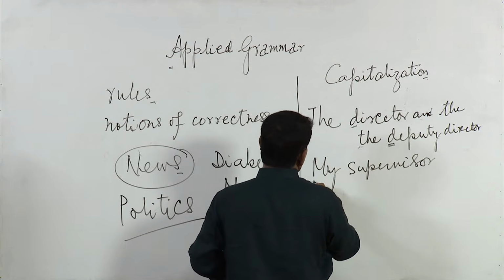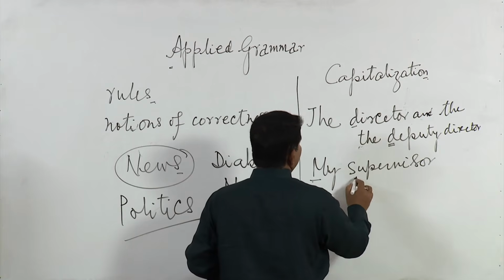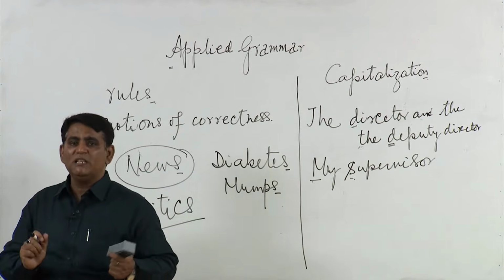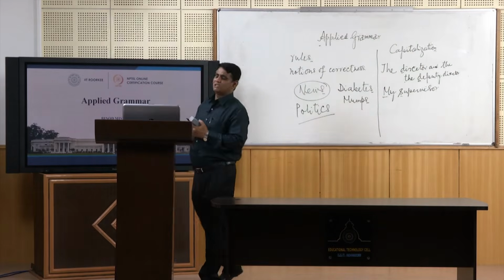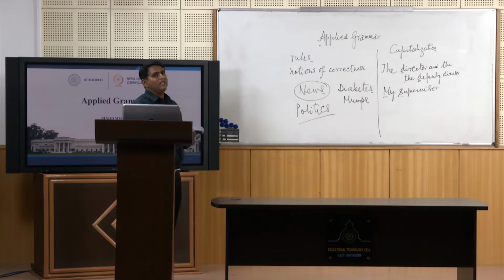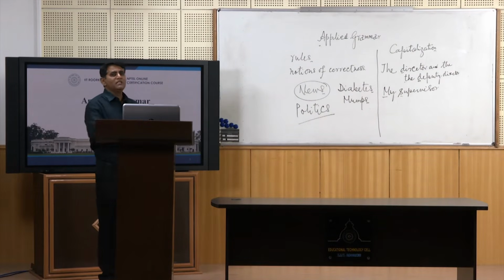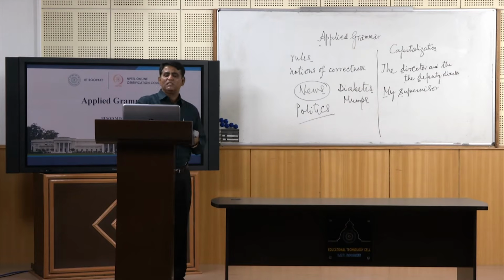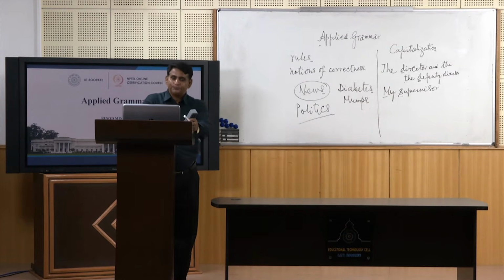This is capital because the sentence begins with a capital letter, but here supervisor is written in small. These are very small instances, but we have to be very careful about all these nuances of correctness. Your brother, his guide: again in both these situations you find the guide and the brother are written in small.